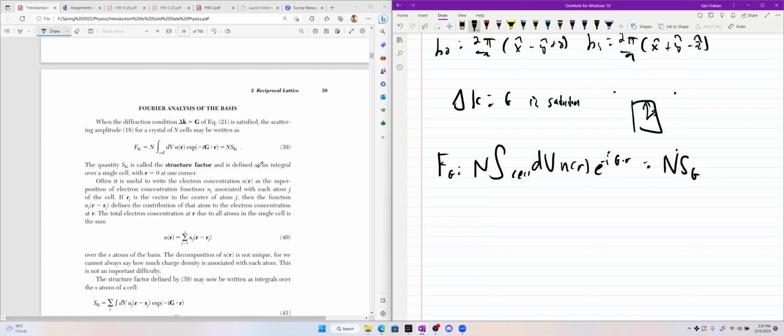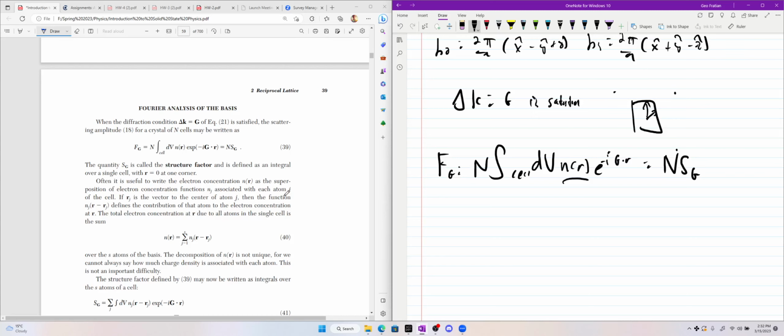It's often useful to write the electron concentration, n of r, as a superposition of electron concentration functions n_j associated with each atom j of the cell. If r_j is the vector to the center of the atom, then the function n_j of r minus r_j defines the contribution of that atom to the electron concentration at r.